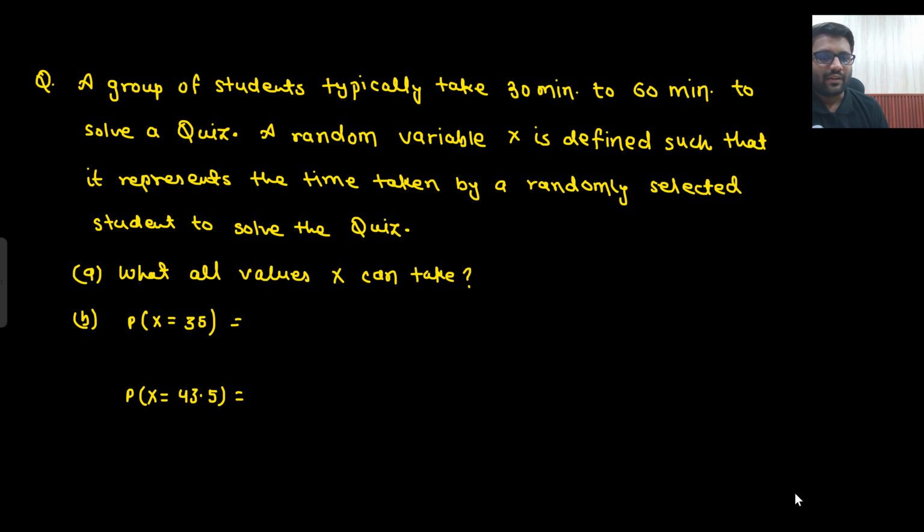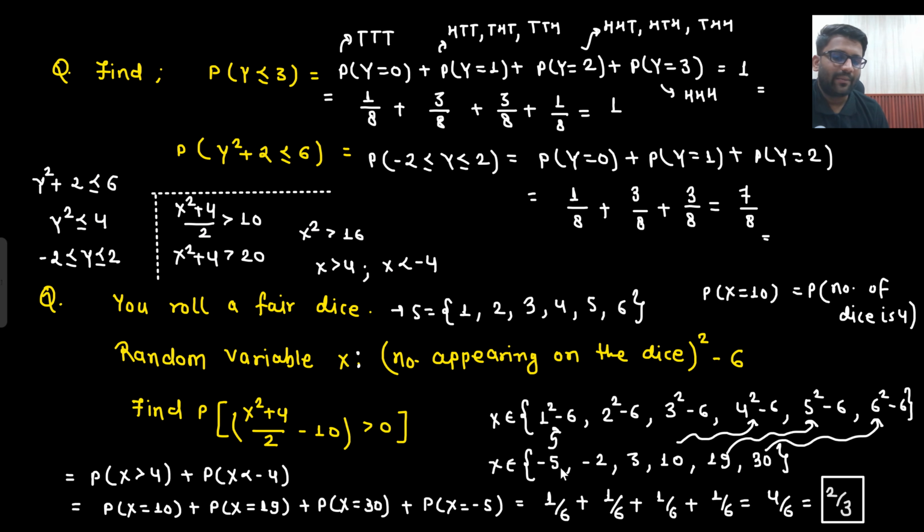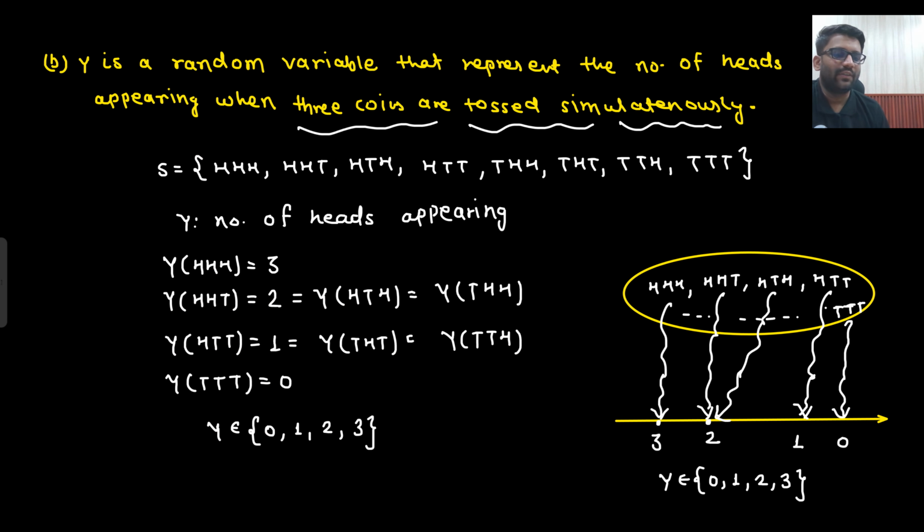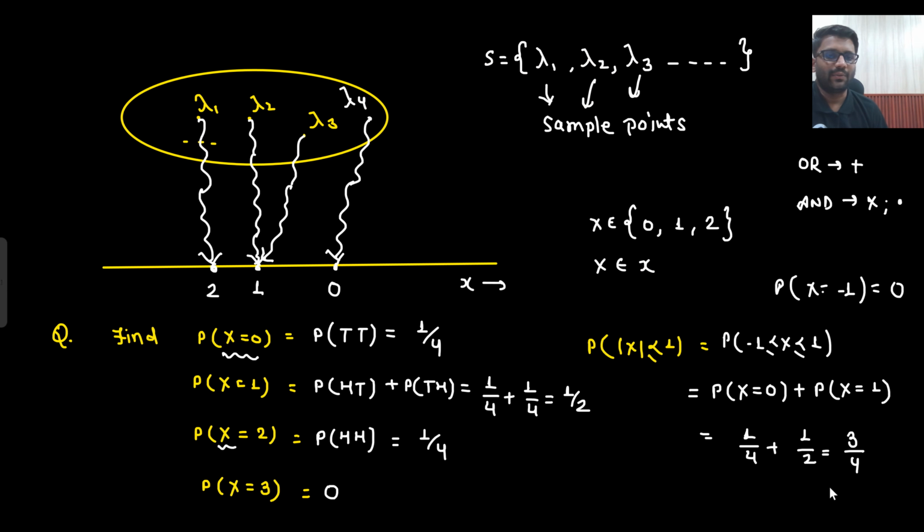Till this point you can see that your random variable X was taking the values minus 5, minus 2, 3, 10, 19, 30. Here it was taking 0, 1, 2, 3, and here 0, 1, 2. So these values were discrete. What is the meaning of discrete? Discrete means 0, then directly I am taking 1 by 2, so in between 0 and 1 by 2 no number is there.